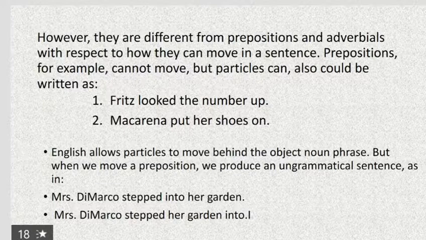However, they are different from prepositions and adverbials with respect to how they can move in a sentence. Prepositions, for example, cannot move, but particles can. Also could be written as number 1, Fritz looked the number up. Number 2, Macarena put her shoes on.